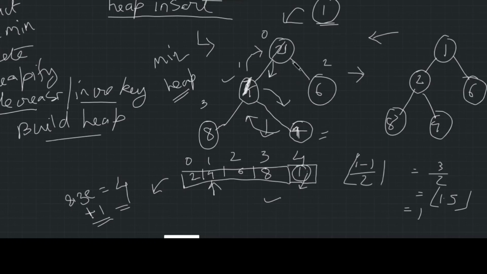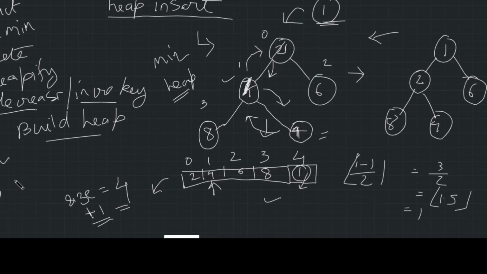So what we have done is that we have added this newly created node at the end, and after that we need to compare the value with the parent value. In case of min heap, the main aim is to make the smaller value present at the top as compared to the descendant values.